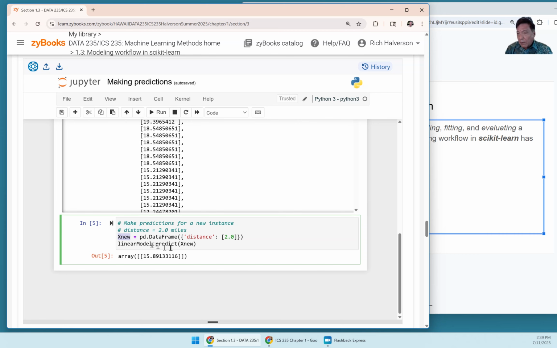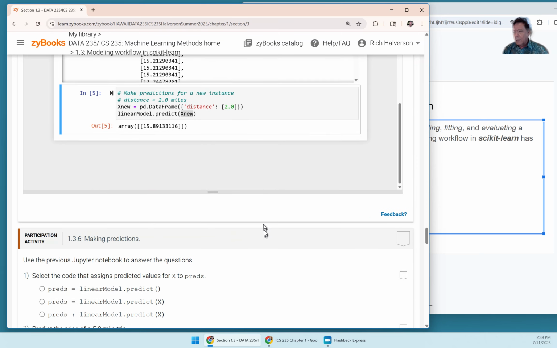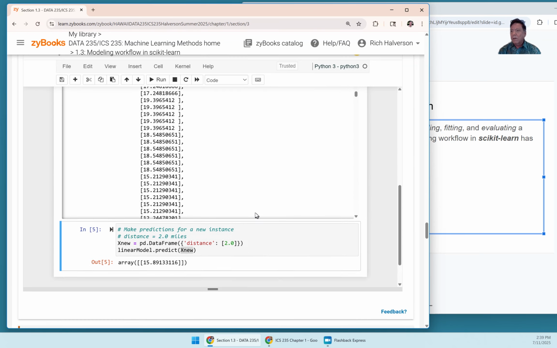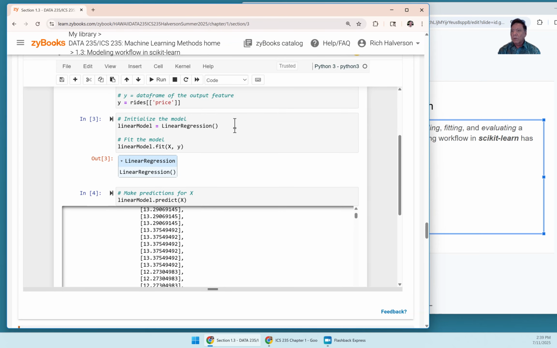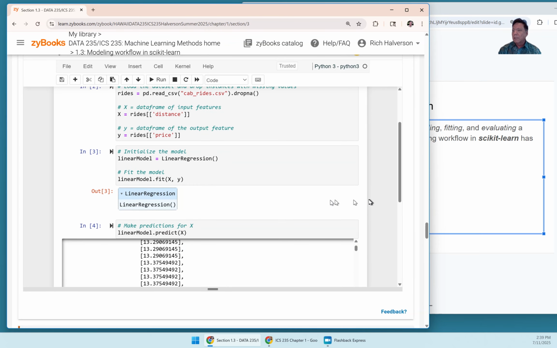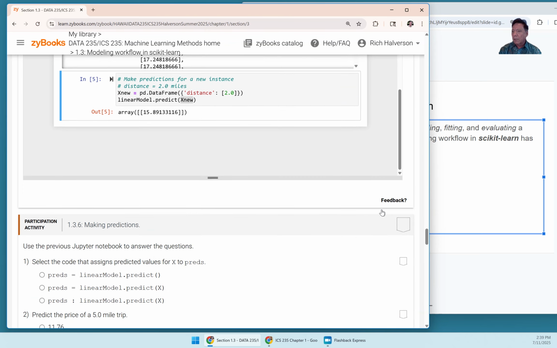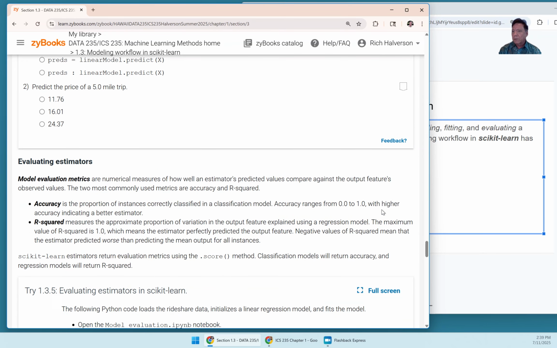And then we're using the predict method on this input data, and this is the output. It says $15.89. So anyway, we're going to do something similar to this when we do our lab at the end.